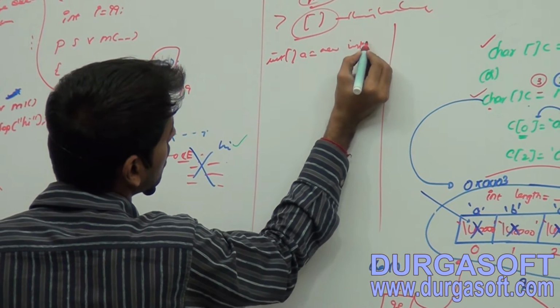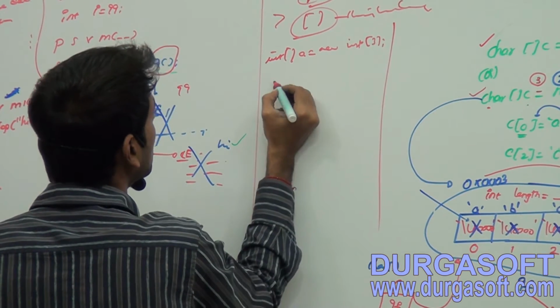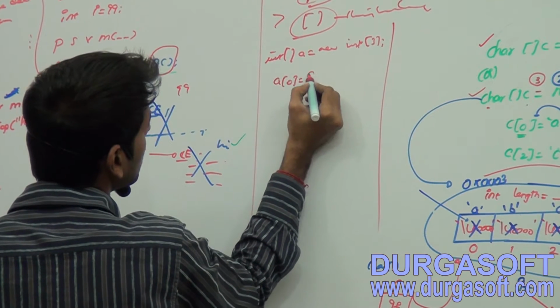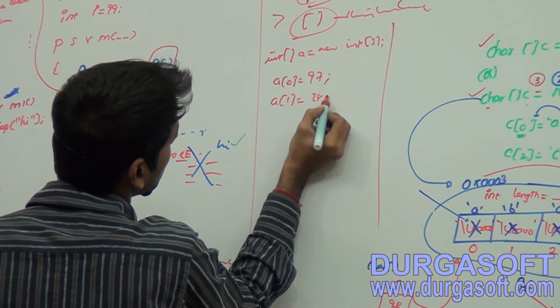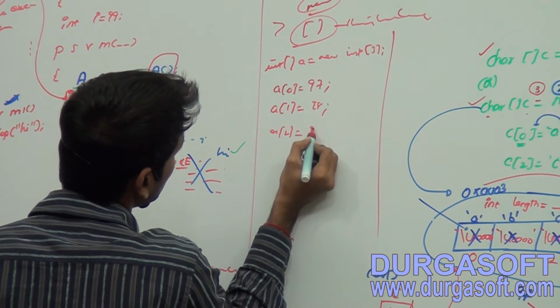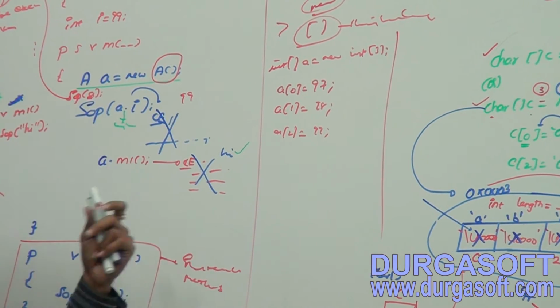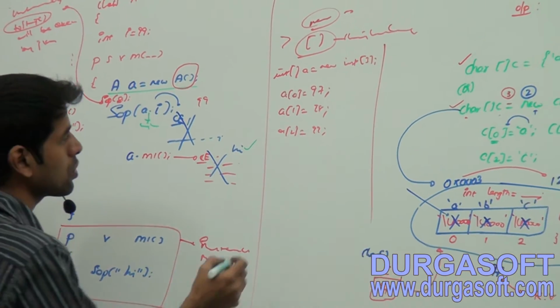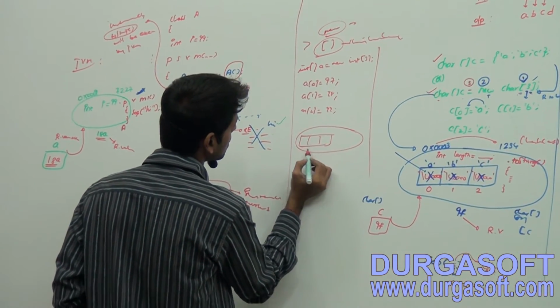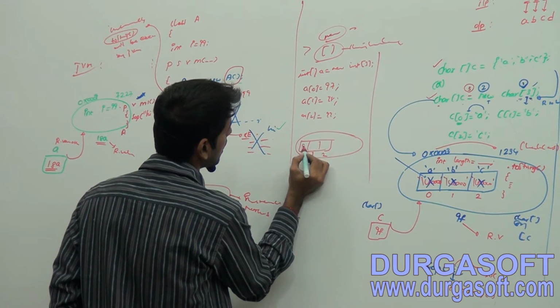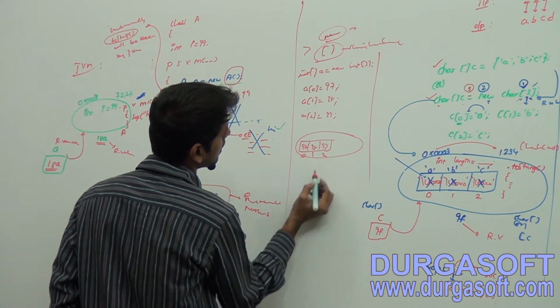Integer array of 3. You can initialize the array as a of 0 is 97, a of 1 is 98, a of 2 is 99. This is also possible, right? And up to here there will be an array with 3 blocks, 0, 1, 2, holding 97, 98, 99.